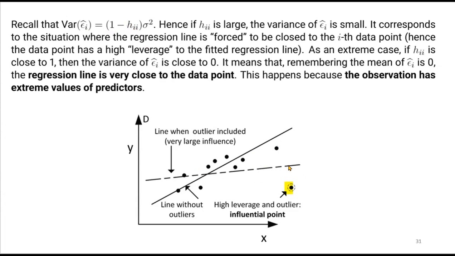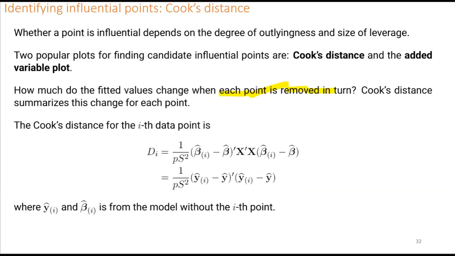It's pulling the line towards it, so you have a smaller variability around the point. So whether a point is influential, I'll repeat one more time, depends on how large the outlier is and the size of the leverage.